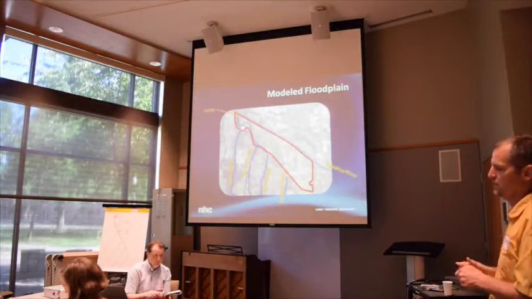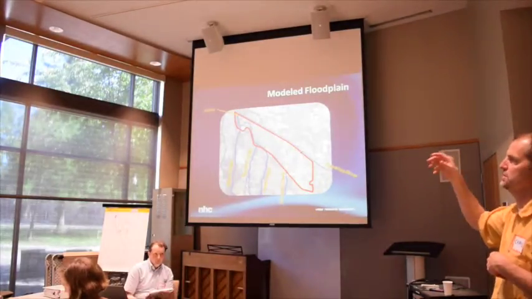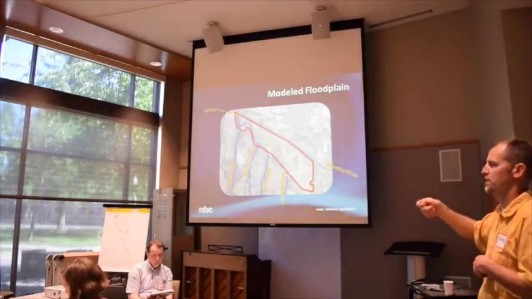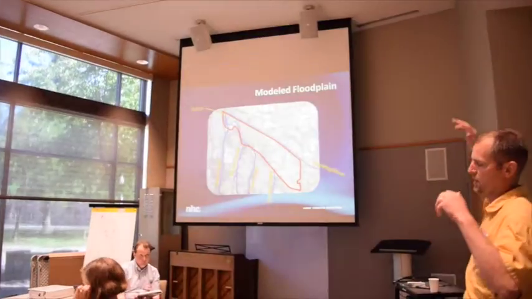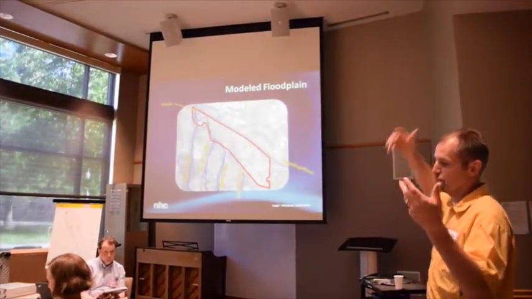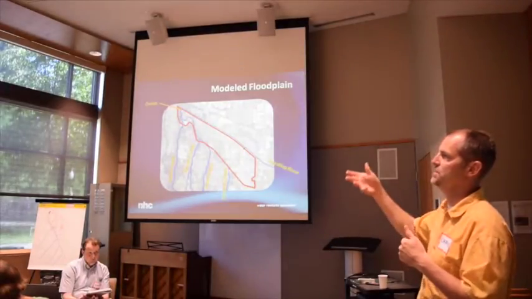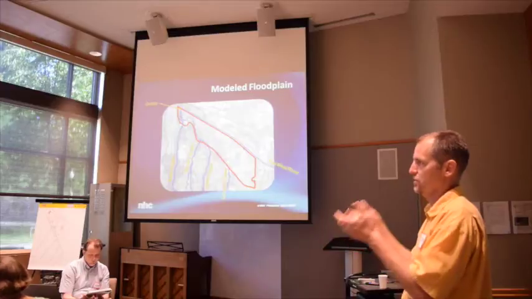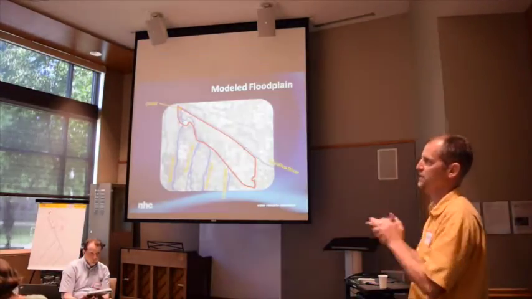It becomes more complicated because you start to think, okay, what are the sorts of future projection variables that we want to change? Tides are certainly one of the easier ones to change, but more difficult are expected precipitation differences, and how detention in the basin is going to change as development happens, since the county and the city have different regulations as to what's going to happen to that detention, so how that gets routed down.